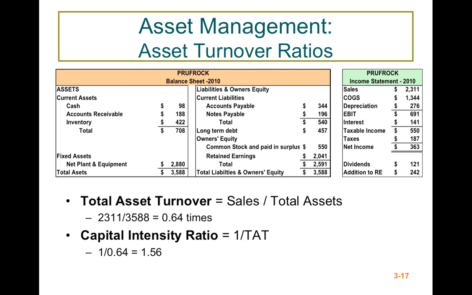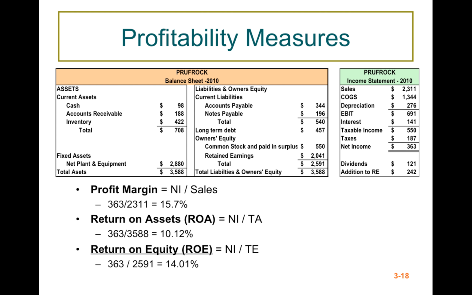This is saying for this particular company, for every $1 in assets, the firm is generating 64 cents in sales. Less than one is not necessarily a problem for most firms. You can also see they have the capital intensity ratio listed as well. I think point 4 here in terms of categories was profitability.